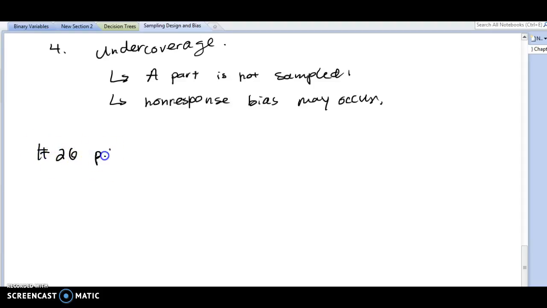So let's go ahead and look at an example that kind of takes care of these. Number 26 on page 315. A large city school system wants to implement a new policy and wants to know if the parents agree with the plan. So identify the sampling strategy and any biases that may result. So A, let's say we put out an ad and ask for a response on a website.